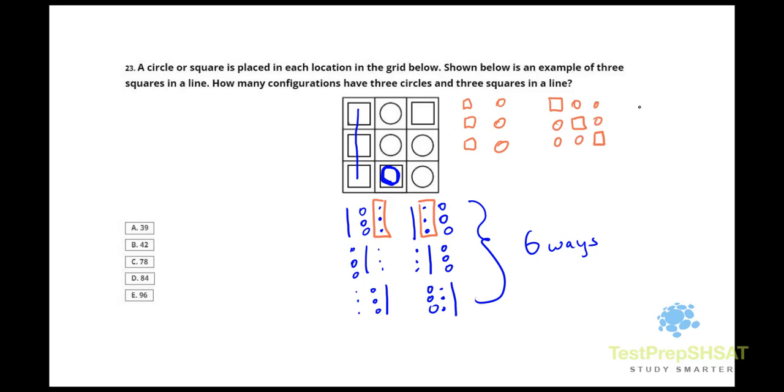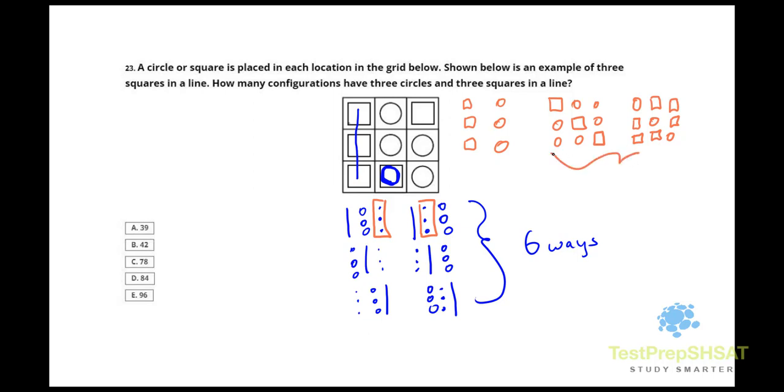And likewise, if there were 1 circle, not 2, well, I would have 2 squares in that same column. And I could put my circle in the middle or the last place in the column, in which case my squares would fit in the rest. These are basically all the scenarios or outcomes.